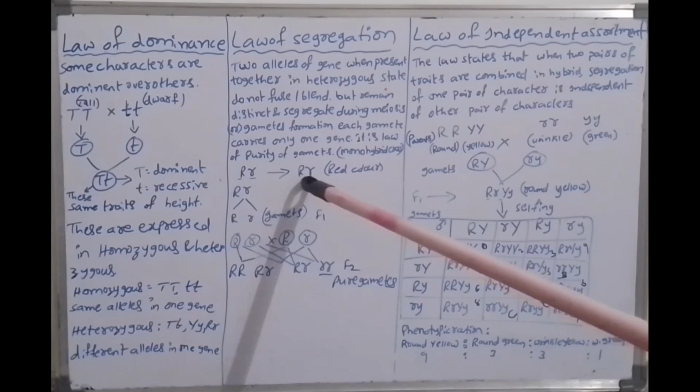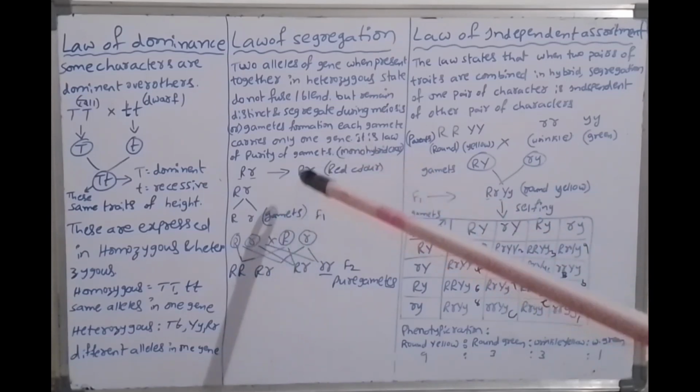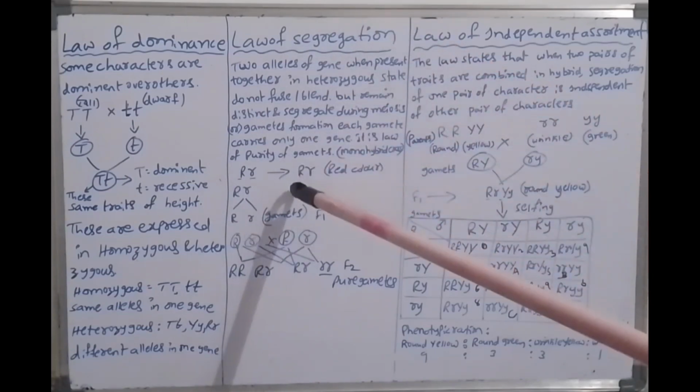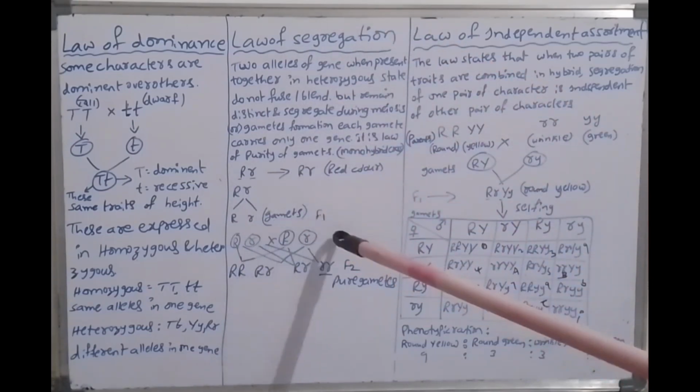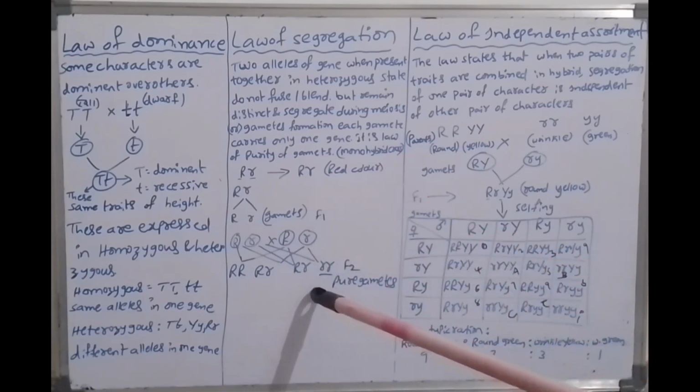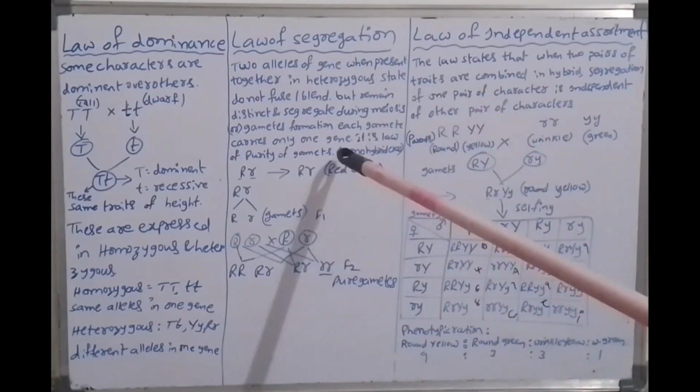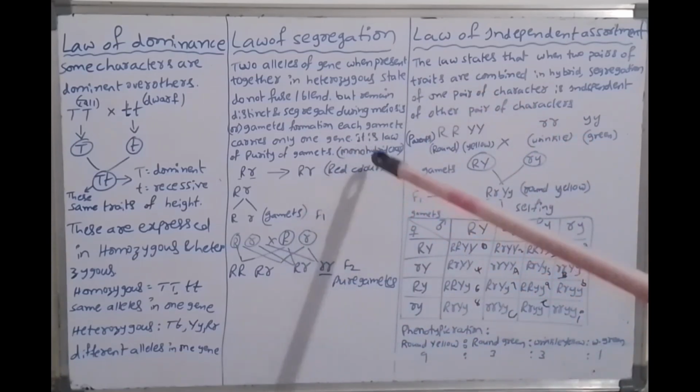Capital R is dominant, small r is recessive. The heterozygous alleles do not fuse. When the gametes are formed, the law of segregation applies and pure gametes are produced. This is possible only in a monohybrid cross.